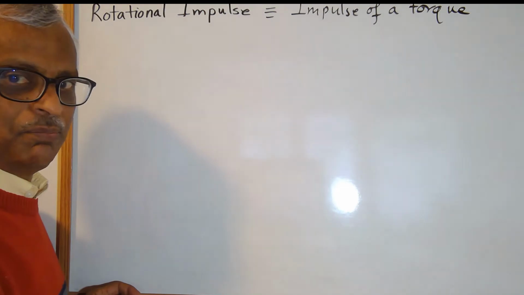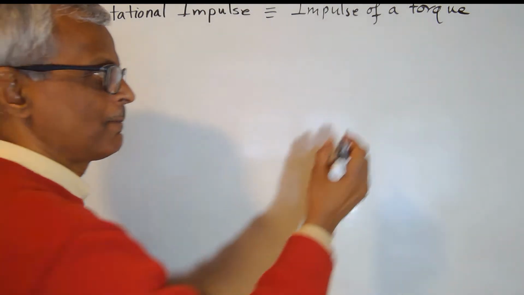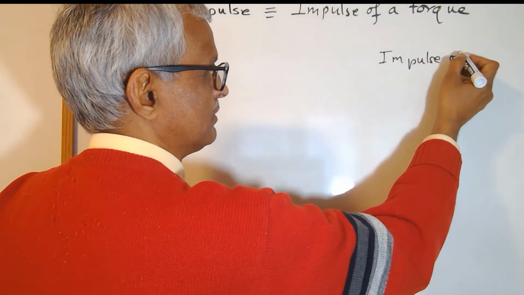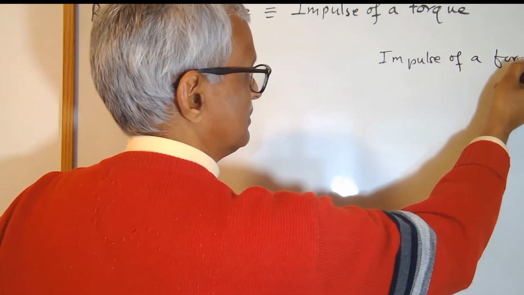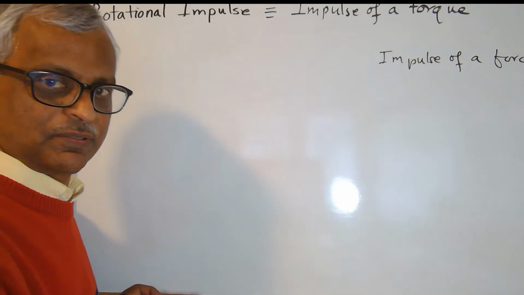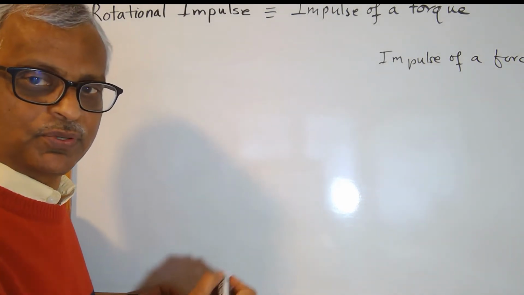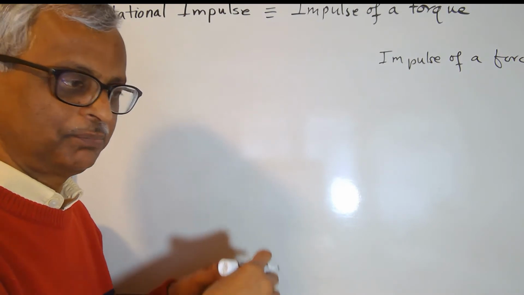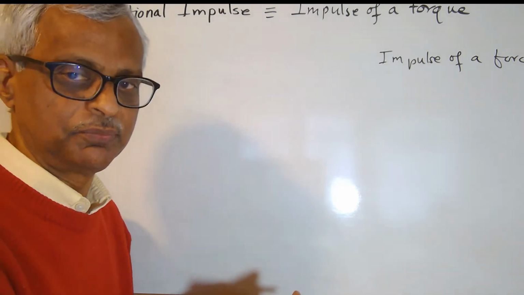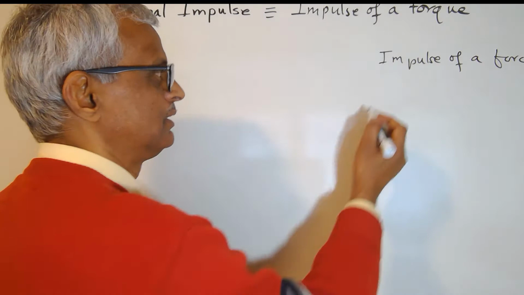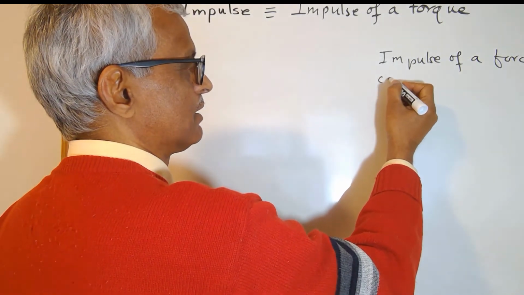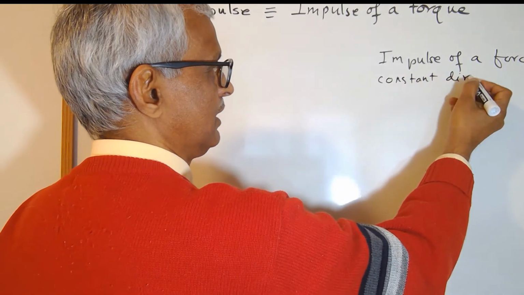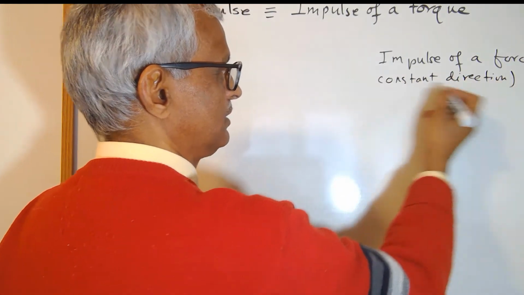If you remember impulse of a force, it is this. Say the force is changing in magnitude, but it's not changing in direction. So we're just going to look at an example where the direction is constant.